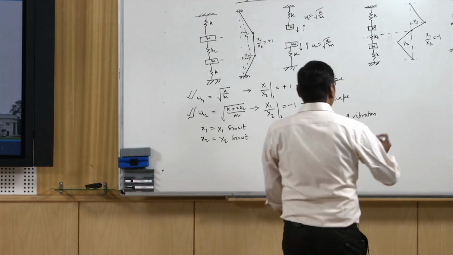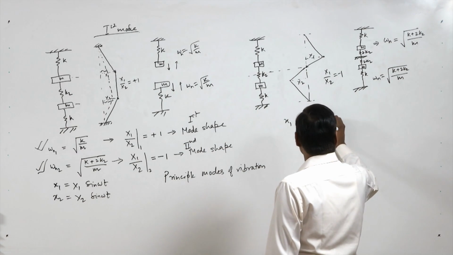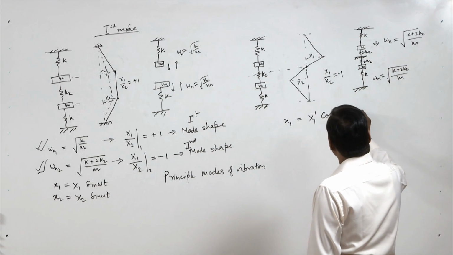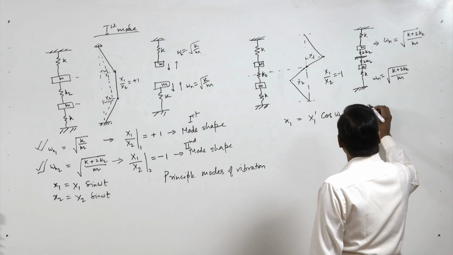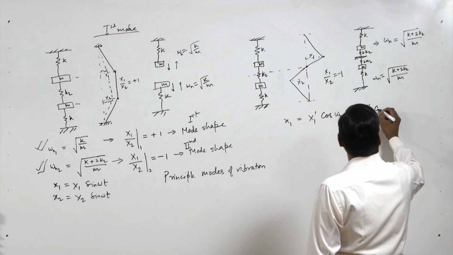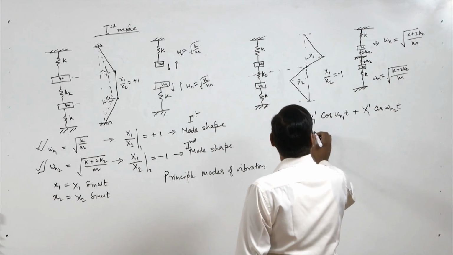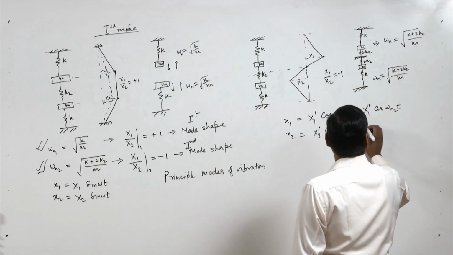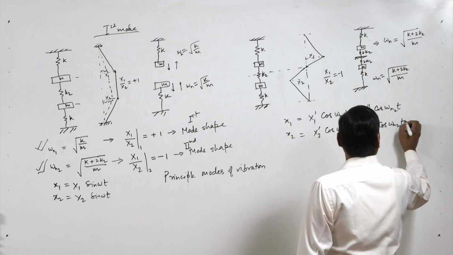So here x1 will be x1 dash cos omega n1 t plus x1 double dash cos omega n2 t, and x2 will be x2 dash cos omega n1 t plus x2 double dash cos omega n2 t.